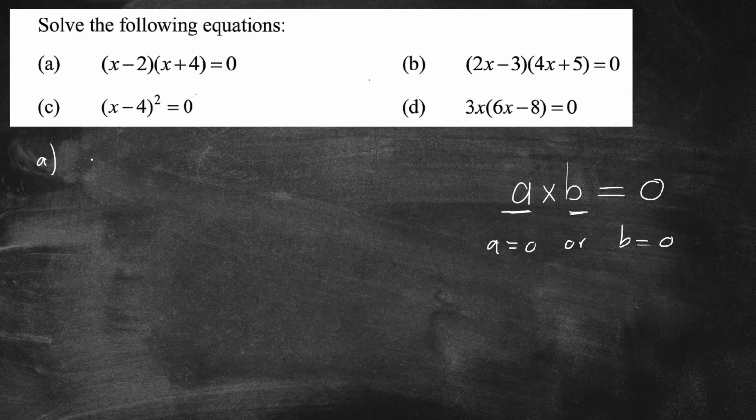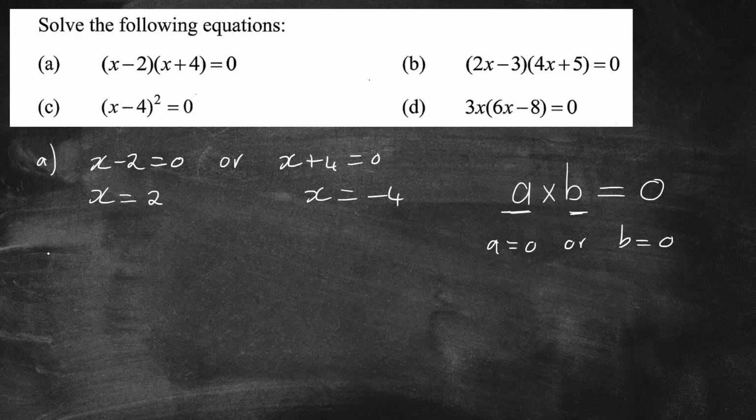So we're going to say x minus 2 is equal to 0, or x plus 4 is equal to 0, because one of them must be 0. Then we solve. This is like a Mickey Mouse linear equation. So x equals 2 or x equals minus 4, and we're basically done.